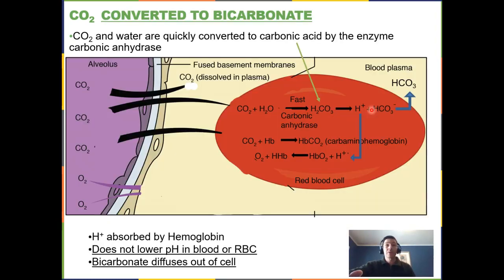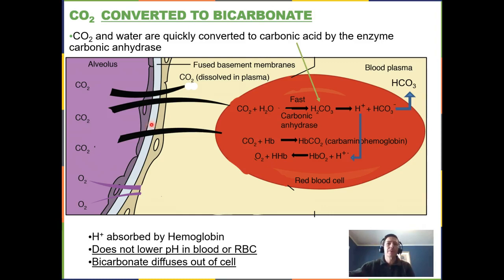For this number, we go to the next slide, where it is the 70% of our CO2 that is converted into bicarbonate and transported in the plasma. This gets a little tricky, but is worth understanding because it affects your pH and the way your body works.